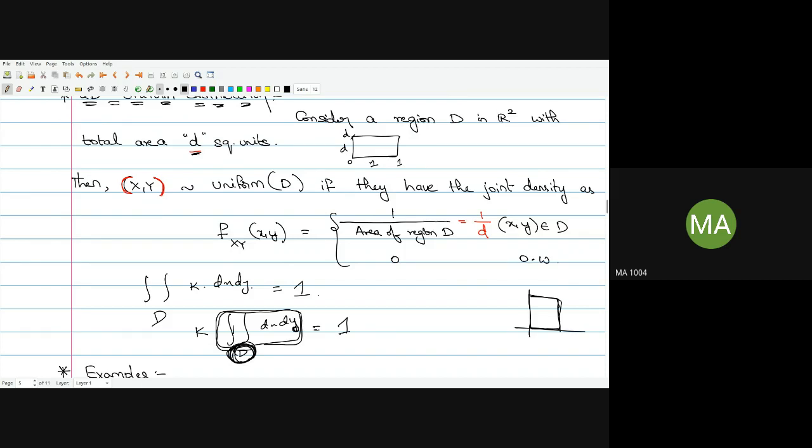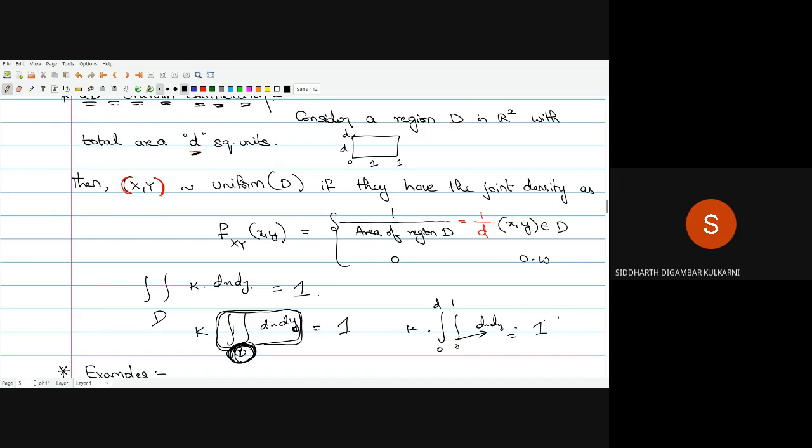Then we are going to get area d. Here the limits will be k integral from 0 to d, 0 to 1 dx dy. So if you integrate it, you should get 1.